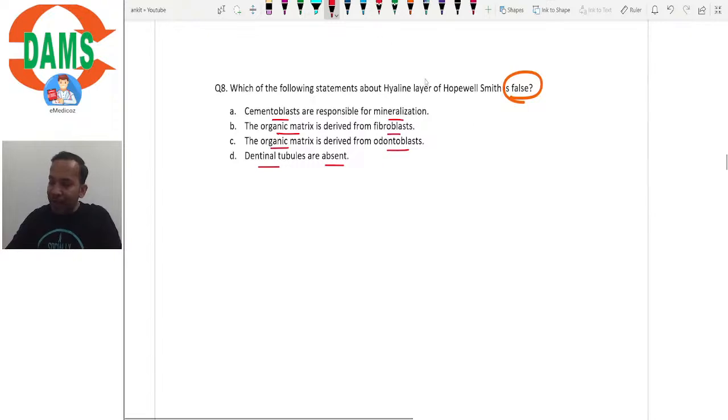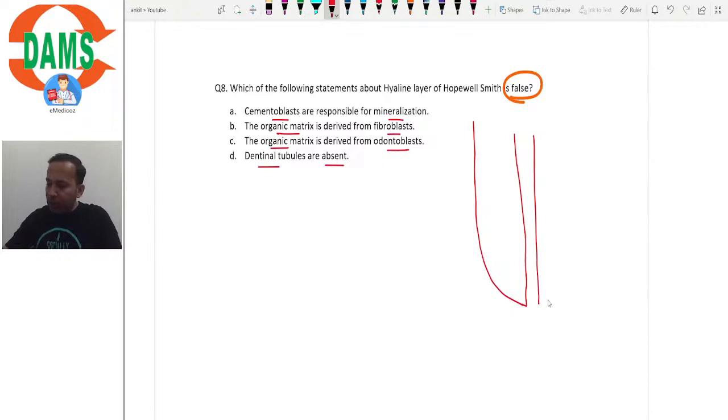So which is the hyaline layer of Hopewell-Smith? Let's say this is the root, and here this is the pulpal space or root canal, right? So this outermost 20 microns, this is the hyaline layer of Hopewell-Smith.